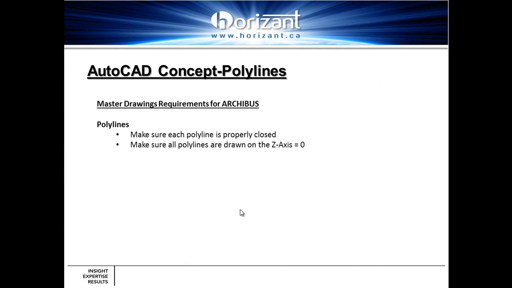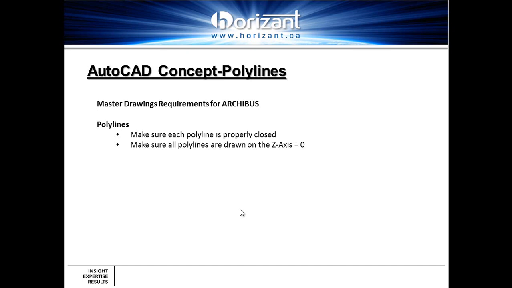Moving on from that, once we get our drawings laid out appropriately, we're looking at standards, drawing nomenclature, we've taken a look at our layers, and everything seems to be copacetic, we want to start diving into our ARCHIBUS concepts of polylines, or depicting space. Inside the ARCHIBUS product, there are a couple of different criteria for taking an AutoCAD drawing and tagging it back as an asset.